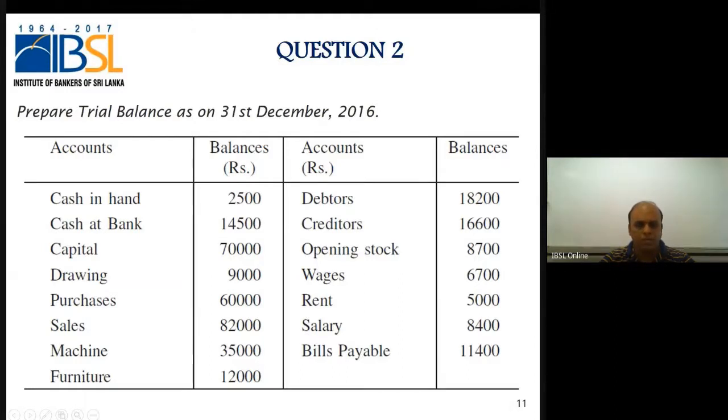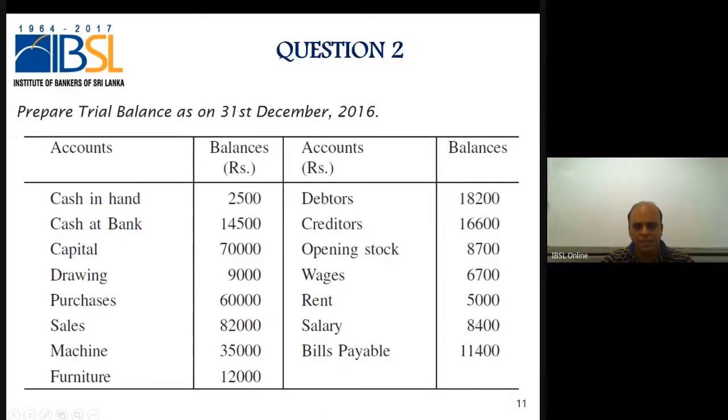So in this question, you will see cash in hand, cash at bank, both are assets. Capital is an equity. Drawing is a negative equity. Purchases, expenses, sales income. Machine is an asset, it's a fixed asset. Furniture is also a fixed asset. Debtors is a fixed asset.